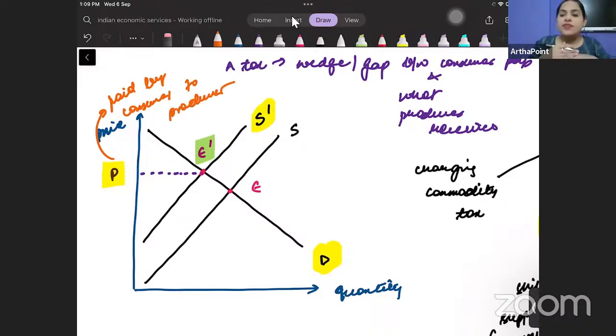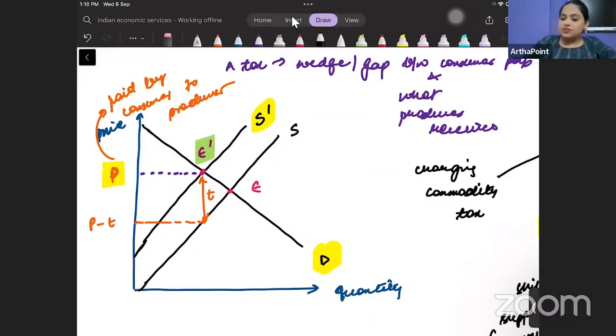Wherever you find equilibrium, that price is paid by the consumer to the producer. So the consumer is paying P rupees to the producer. Now, after the producer receives this P rupees, out of P, he has to pay tax to the government. How much is the tax? The gap between the two supply curves. So he pays this tax to the government. And after paying tax, the net money left with the supplier is P minus T, right?